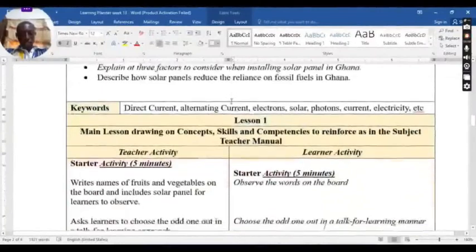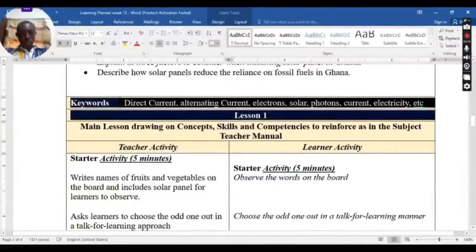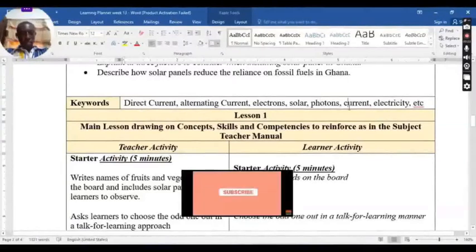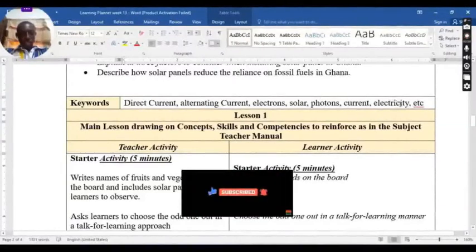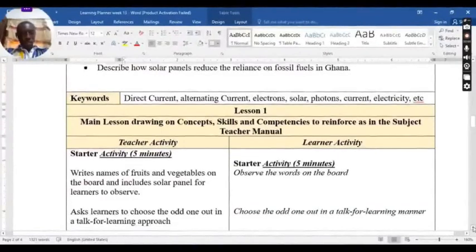So these are some keywords on generation of solar electricity from solar panels: direct current, alternating current, electrons, solar photons, electricity, currents, etc. You can just add more to it, words that you think are key to the understanding of the LI. You can even add words like inverter, rectifier, etc. So it has to be individualized, remember.